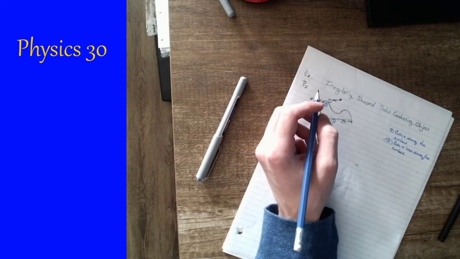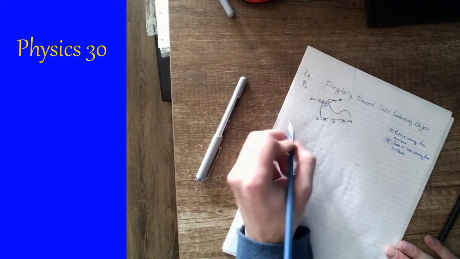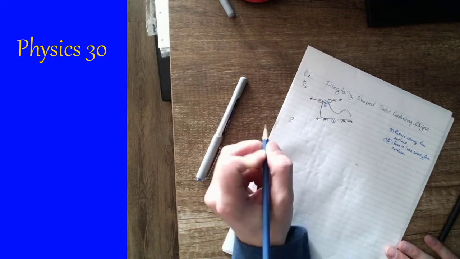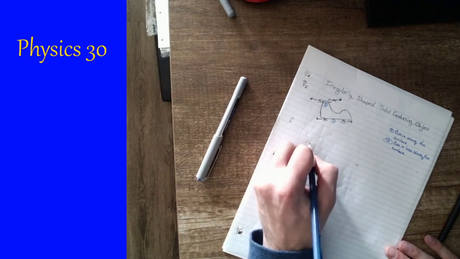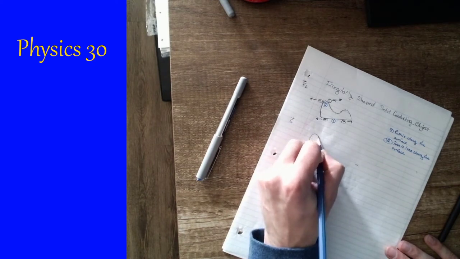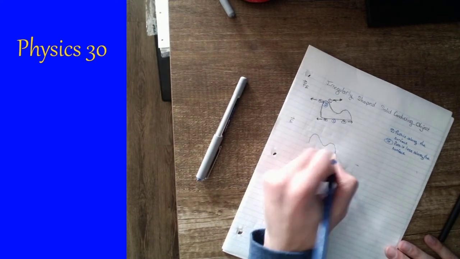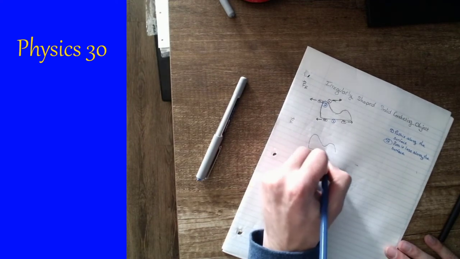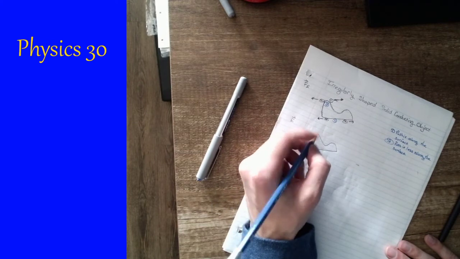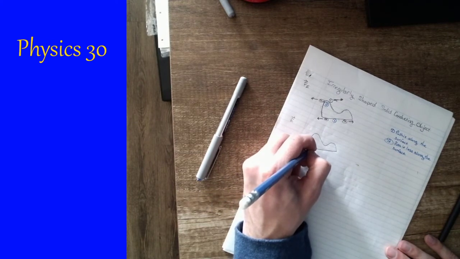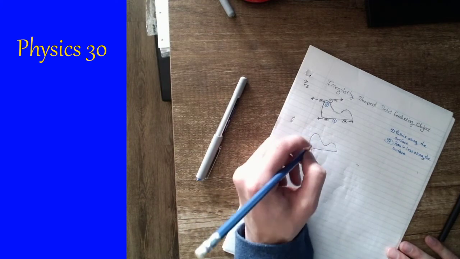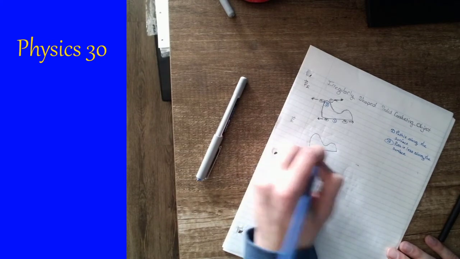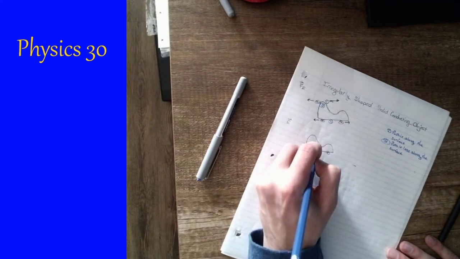So the electric field lines, which we'll draw next, for our object, are going to be pointing towards our negative charges here.